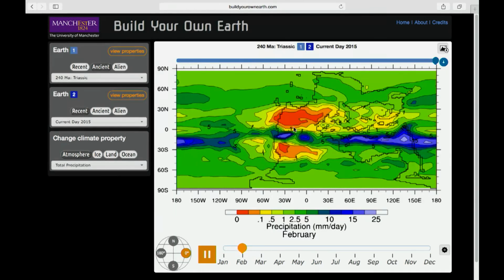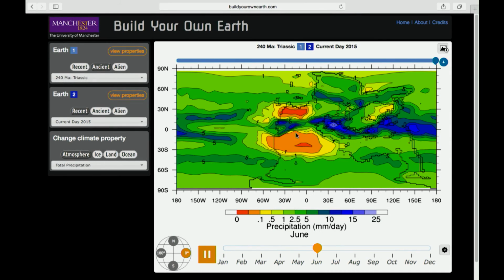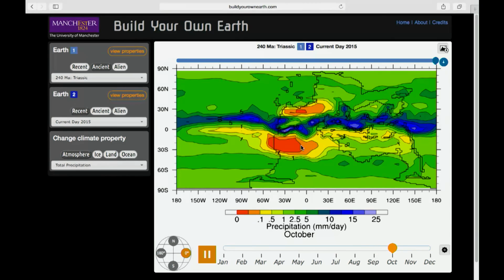Precipitation during the Triassic would be dominated by a very strong intertropical convergence zone, with permanent deserts found to the north and to the south of the equator.